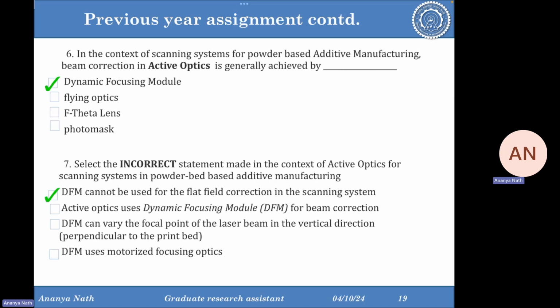Then in the z direction, the telecentric or the f theta cannot do that. So in the z direction I will go for the dynamic focusing module, which can make the focus at different positions over the z axis also. So this is having more degrees of freedom basically.